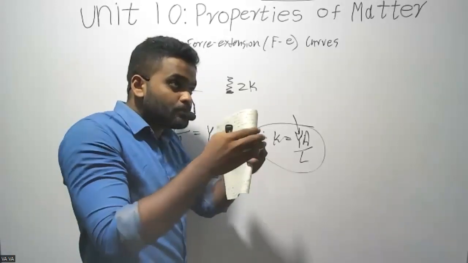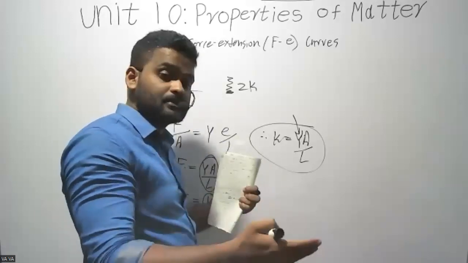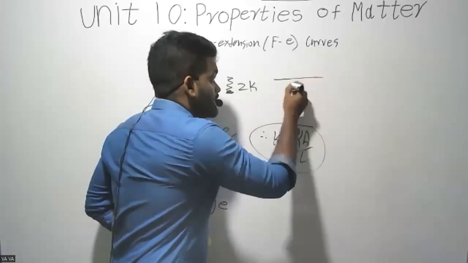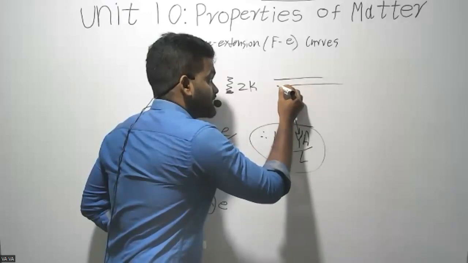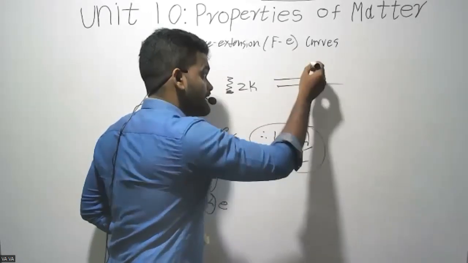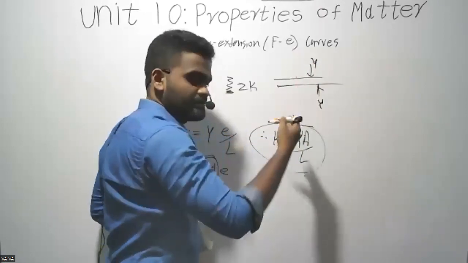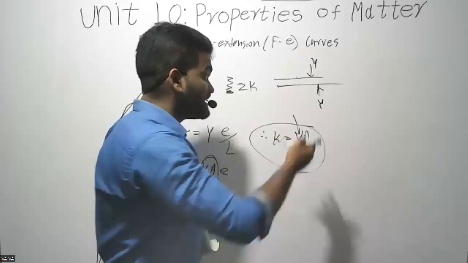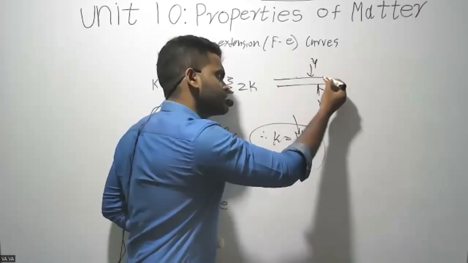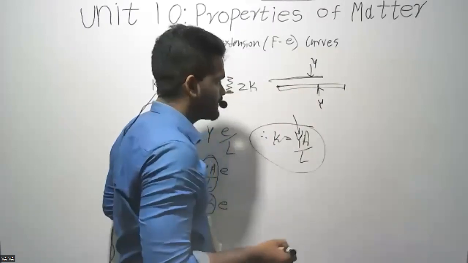But if the two wires have different dimensions, for example one is lengthier, even though both have the same Y because they are made of the same material, the cross section can also change.